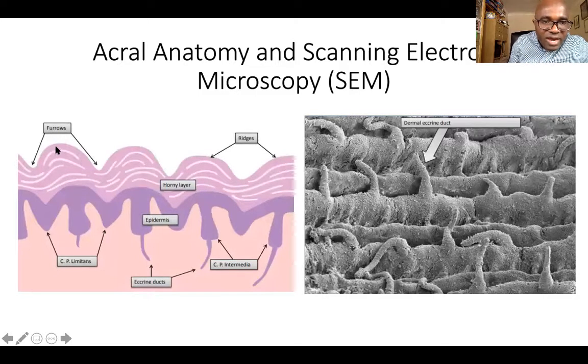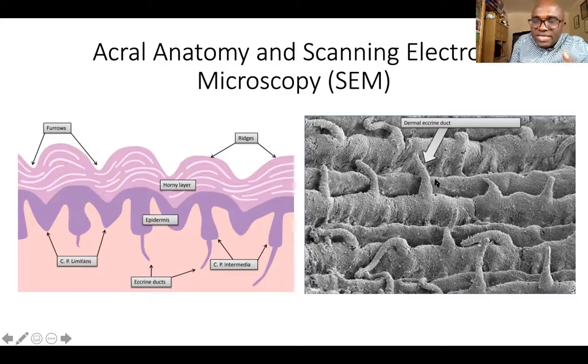You have the eccrine ducts on the ridges, and this is where they are found in the profundus. So this is where they are seen here on the ridges, the eccrine ducts on the ridges, but they point into the dermal aspect of it. So you look at the patients in, this is a scanning electron microscopy here.